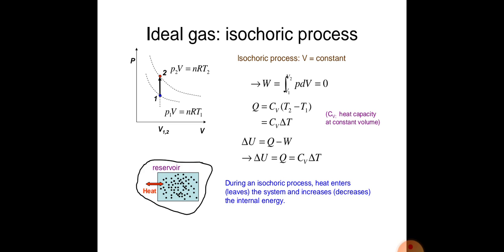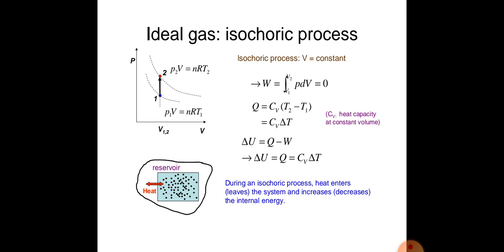We know that ΔU is equal to Q minus W. So ΔU is equal to Q because our work done W is 0. Then the equation is ΔU equal to Q.